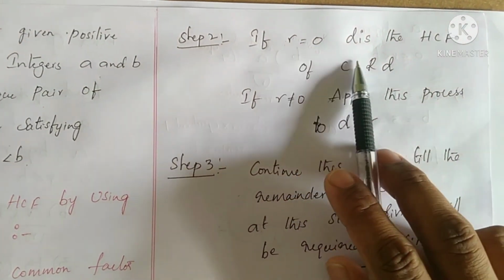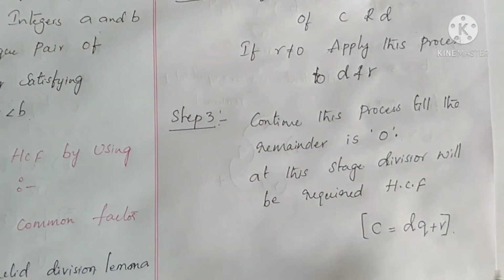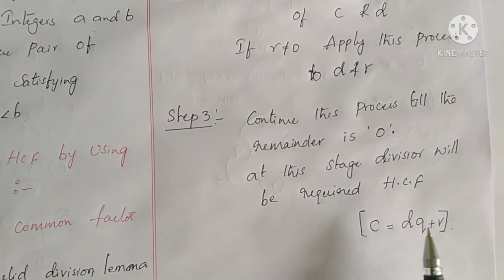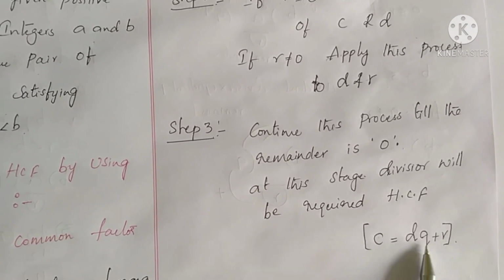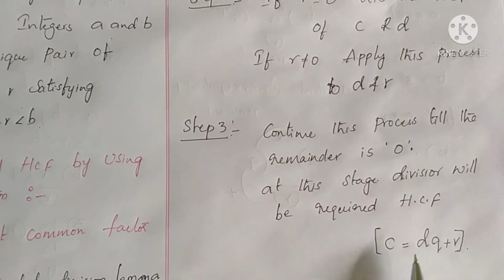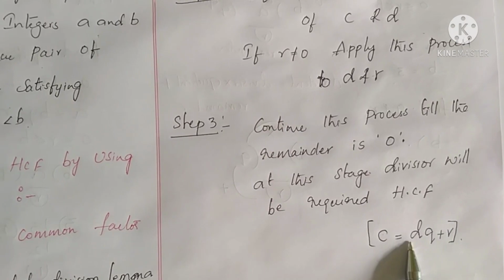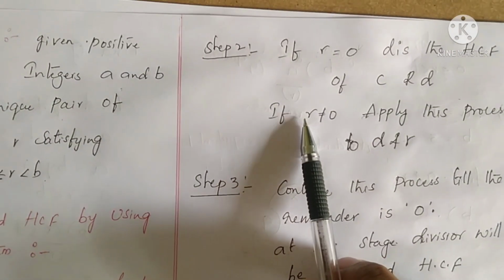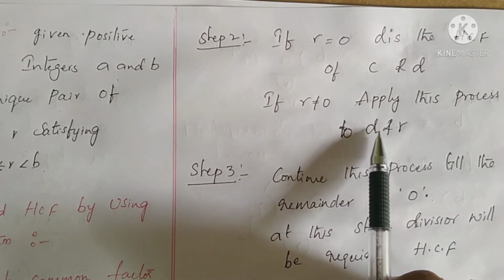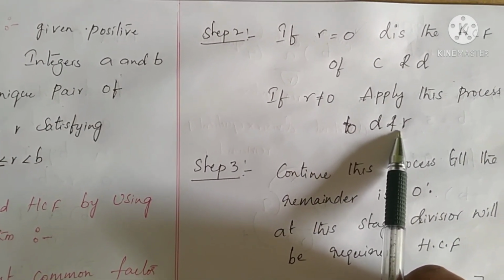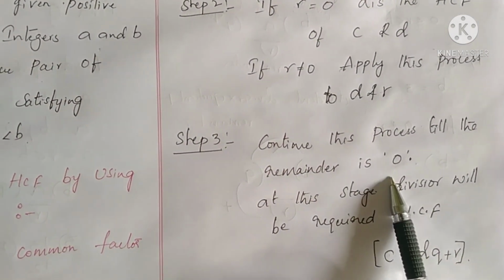Step 2: If R is equal to 0, D is the HCF of C and D. Here C and D mean A and B. So C is equal to DQ plus R, which is nothing but A is equal to BQ plus R. If R is not equal to 0, apply this procedure to D and R. Step 3: Continue this process till the remainder is 0.